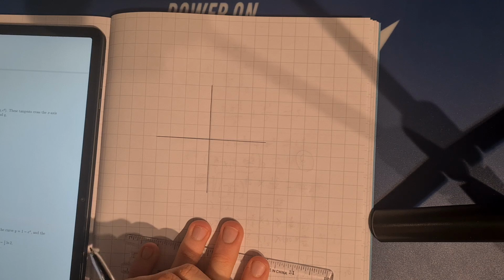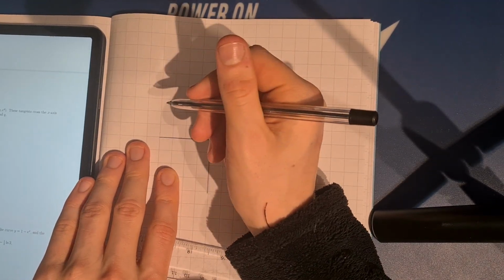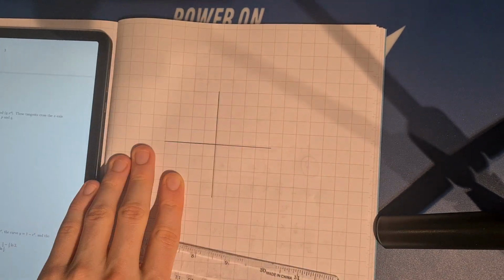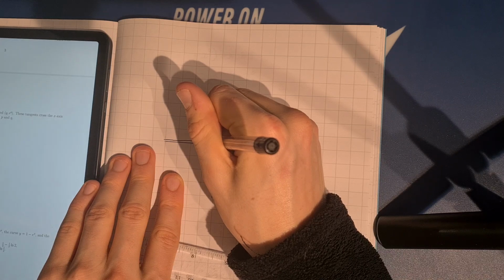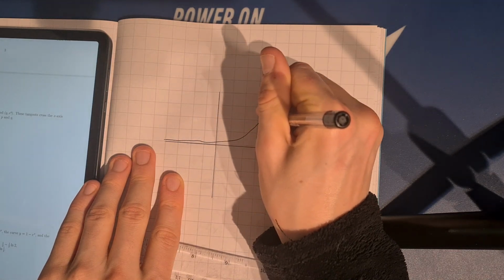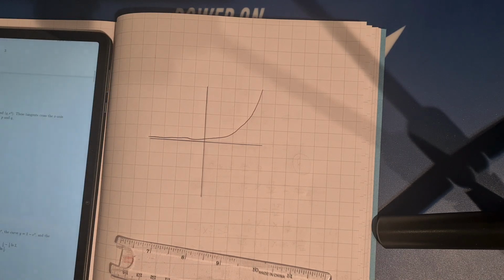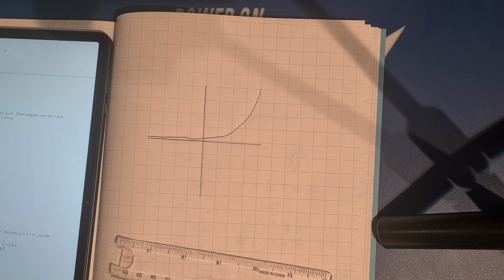That's just your standard exponential graph, which, to my knowledge, goes like this. It goes up and off, getting exponentially bigger. And now, if we have tangents to y equals e to the x, we're going to have tangents to this.